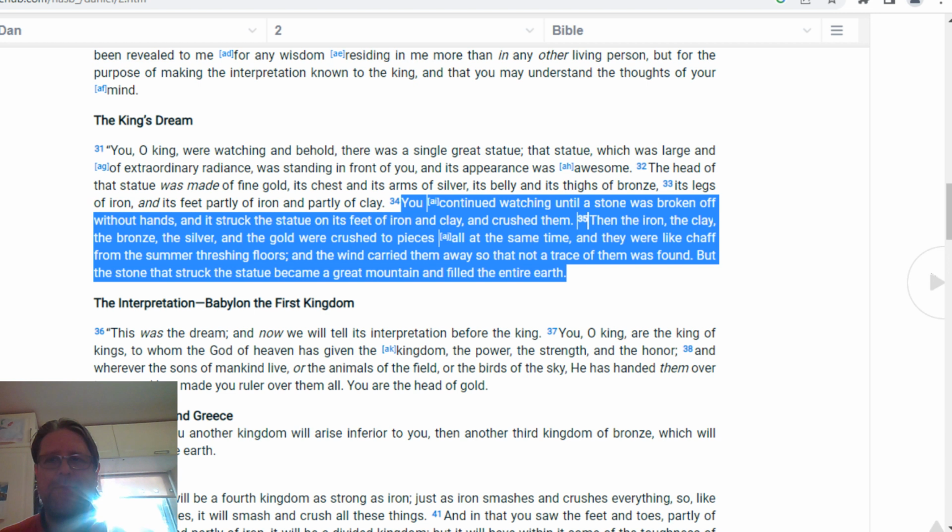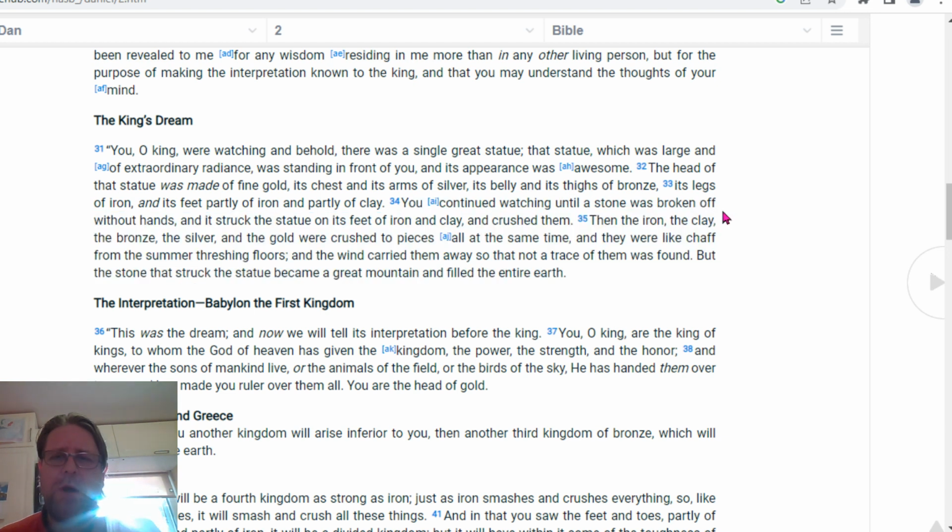I'm going to finish with this. So this is Daniel 2, in Nebuchadnezzar's dream, where Daniel is explaining the dream. You continued watching until a stone was broken off without hands, and it struck the statue on the feet of iron and clay and crushed them. And then the iron and the clay and the bronze and the silver and the gold were crushed into pieces, all at the same time, as they were like chaff from the summer threshing floors.